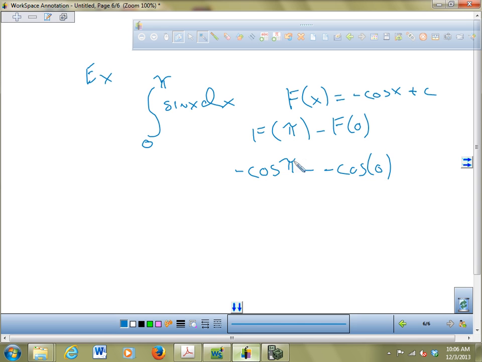You guys remember what the cosine of pi is? Negative 1, right? So I'm going to get negative 1 minus, what's the cosine of 0? 1. And so that gives me plus 1, which is equal to 2. Whoa. Isn't that cool?